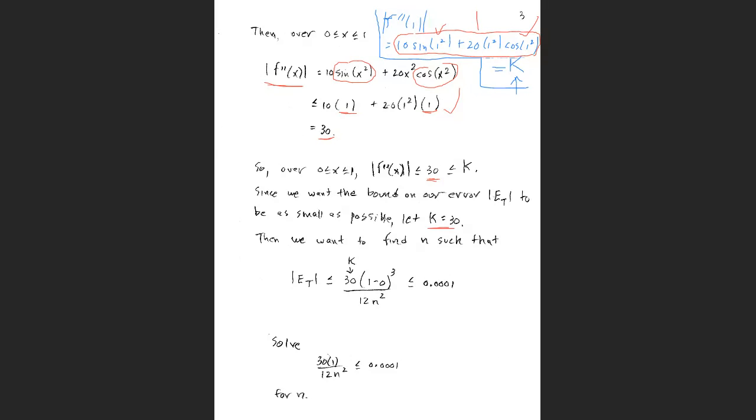It's just that the value I circled in red is a smaller K value, but use K equals, in this case, 30, and then compute your error bound.